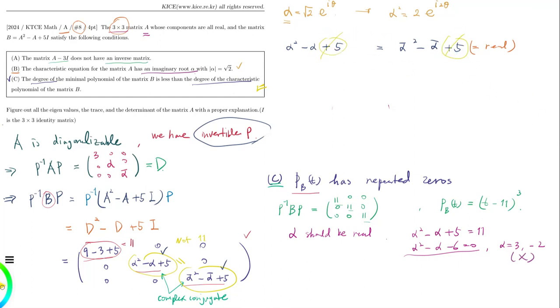And what I have is 2 times e to the I times 2 theta minus square root of 2 e to the I theta should be the same as 2 times e to the minus I times 2 theta minus square root of 2 e to the minus I theta, because it is a complex conjugate.